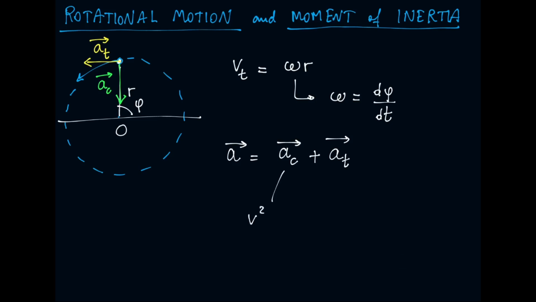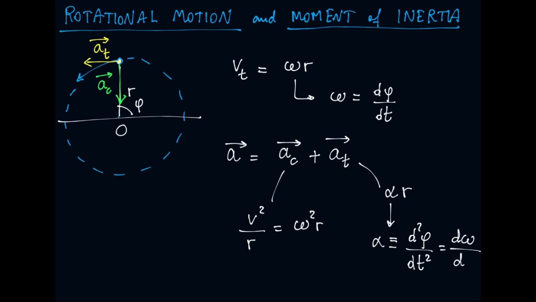The centripetal component is v squared over r, which is the same as omega squared r. And the tangential component, if it's there, is equal to alpha r, where alpha is the angular acceleration. So alpha is the second derivative of phi with respect to t, or the derivative of omega with respect to t, times the radius. Okay, wonderful.